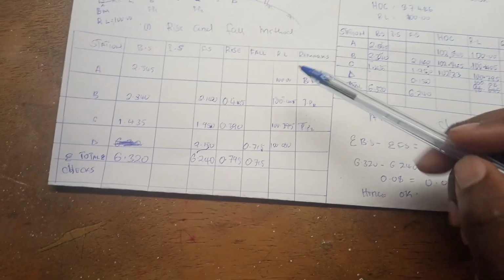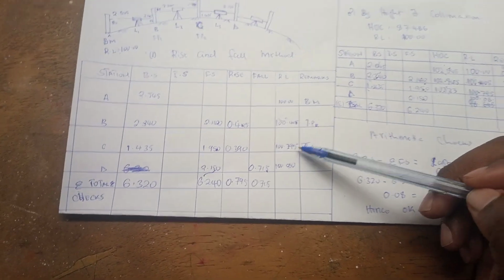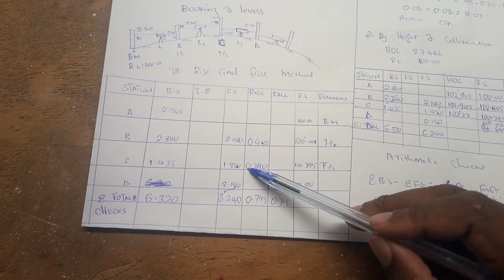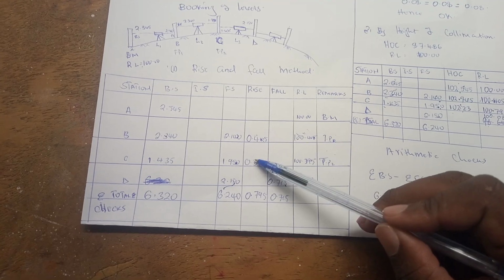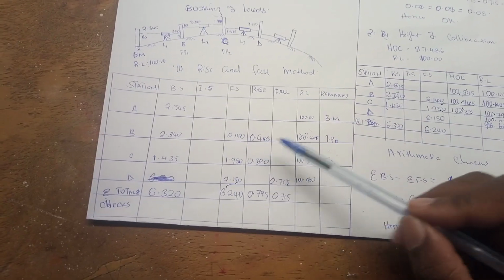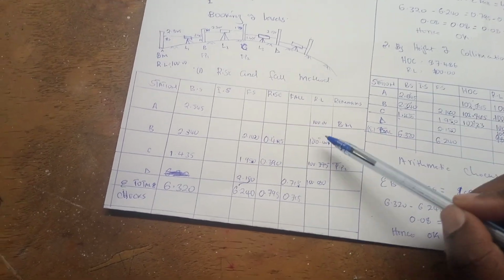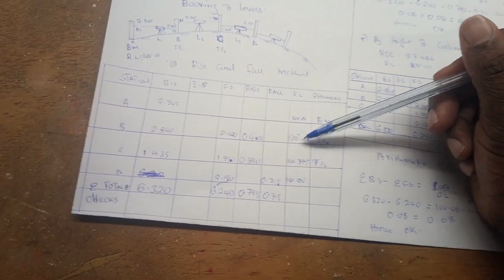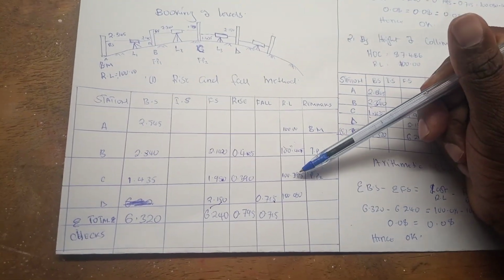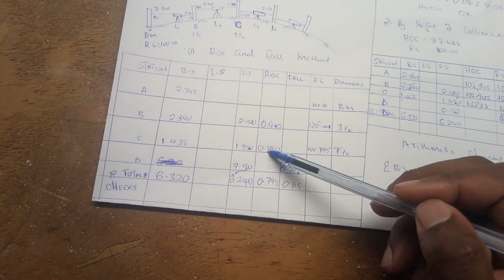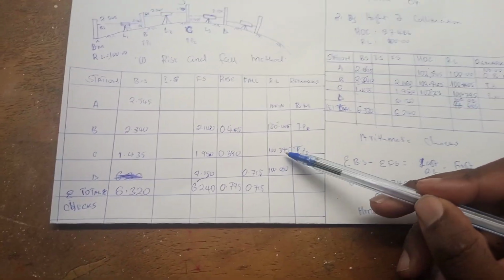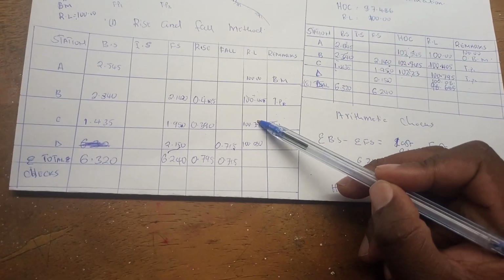Then the next step was to get the reduced level at point C. It was a rise, so I added the rise value to the reduced level at point B to get my reduced level at point C.